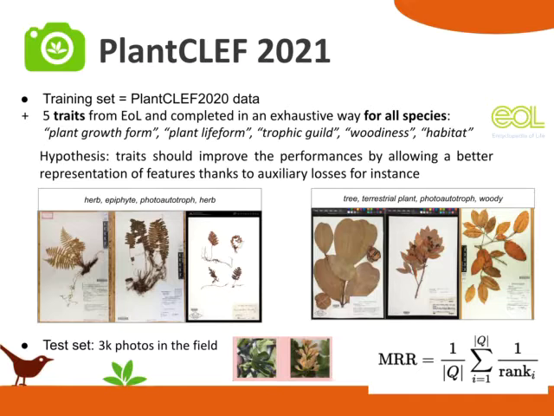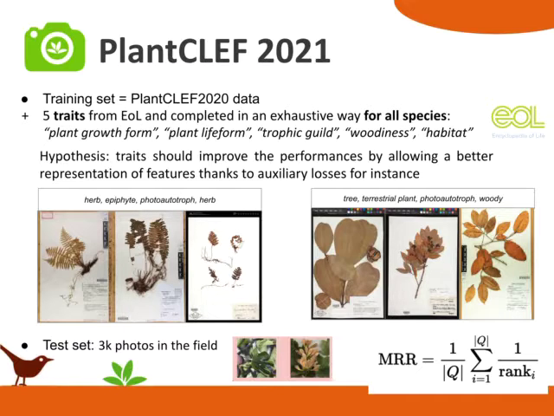So in 2021, we will run the same challenge, and the main novelty will be that we will provide some additional data for the training of the models. These data concern plant traits that we have crawled from Encyclopedia of Life. We have 5 traits that are fully complete for all the species in the training set, so even for the ones for which we have very few data, we will have the knowledge of these traits.